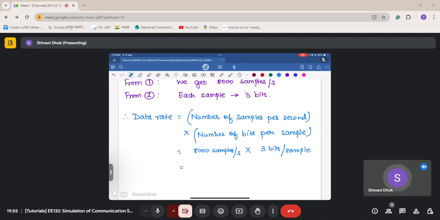That comes out to be equal to 24,000 bits per second, which is approximately 24 kilobits per second. It's generally 1024, but if we take it close to 1000, this comes out to be around 24 kilobits per second.